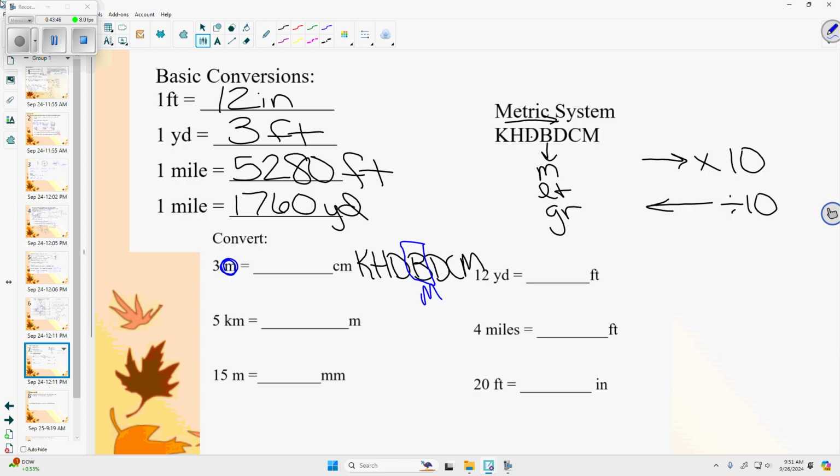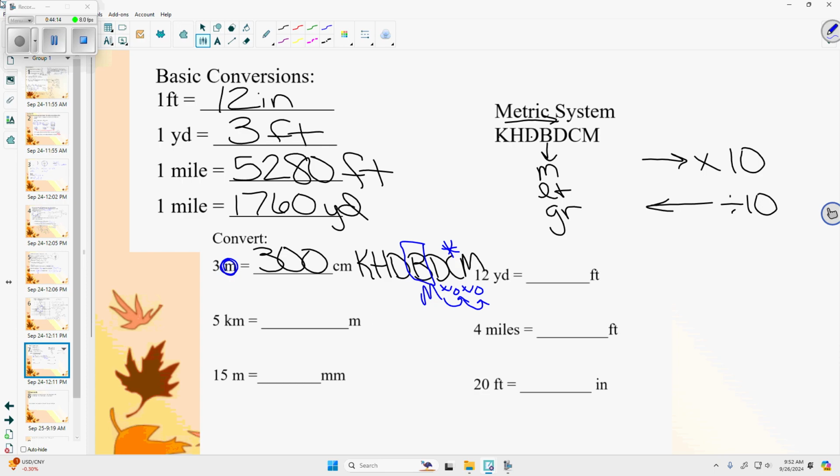I'm trying to get to centimeters. That means I need to multiply by 10 and by 10 again because I'm trying to get to centimeters. So when I multiply by 10 and then by 10 again, what do I get? Take 3 times 10 times 10. 300 centimeters.